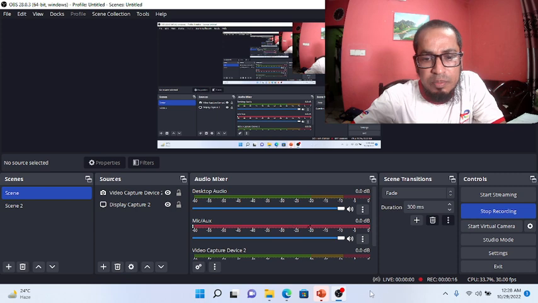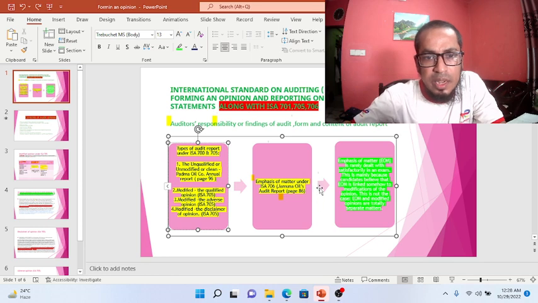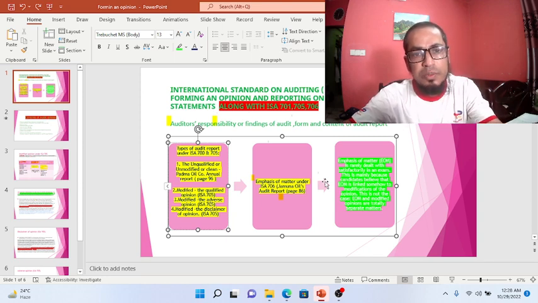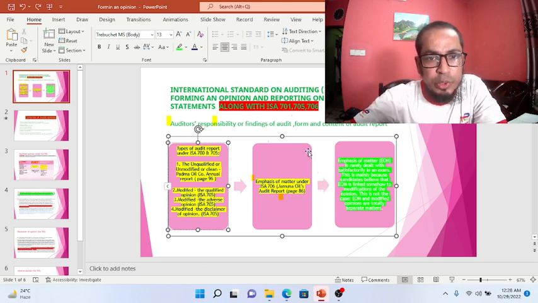Today I have very important content, and this is ISA 700, 701, 705 and 706. You know, ISA is very much important for the auditor, especially external auditors, to form an opinion, to give an opinion on the audit report, on the audit of financial statements.